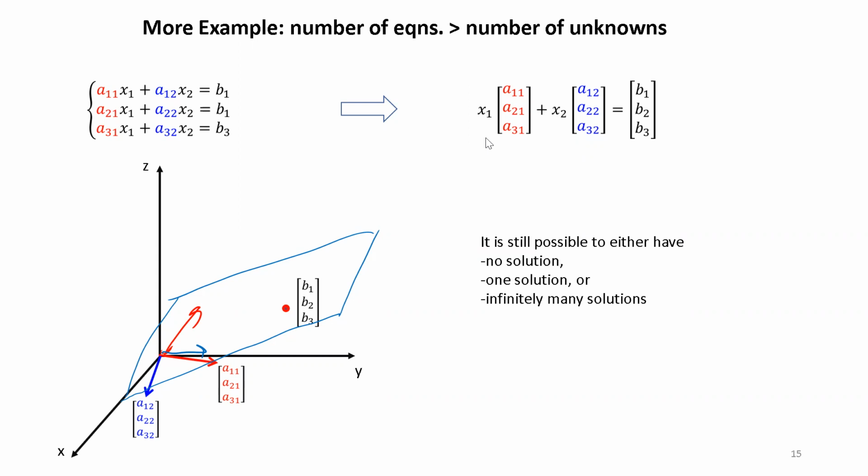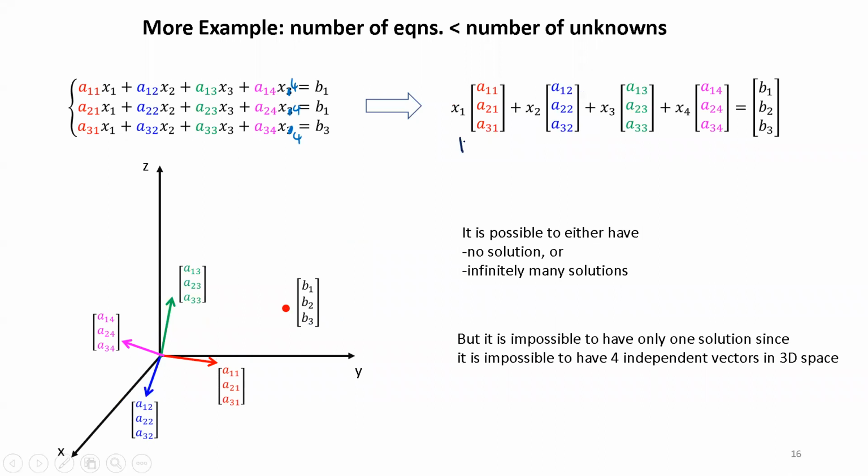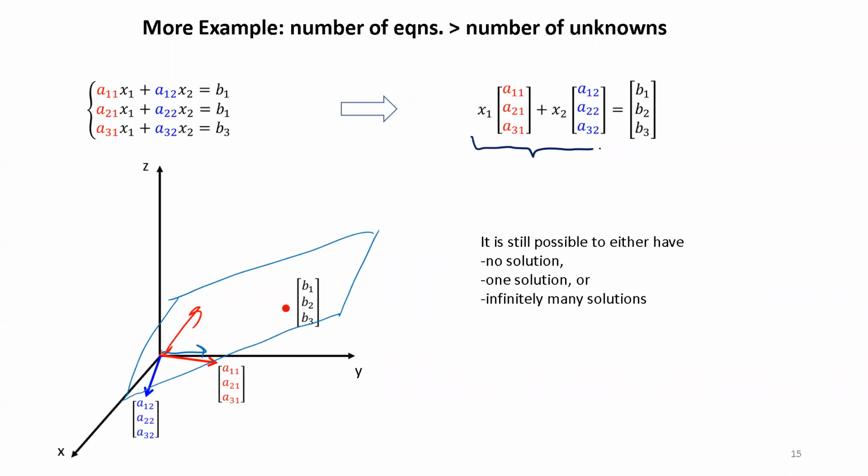If it's not clear, let me try to write it. On the left-hand side of this system, you know how to add two column matrices together, right? First of all, this constant x1 goes into each component of this column matrix, or column vector. So this one is completely the same as this one.